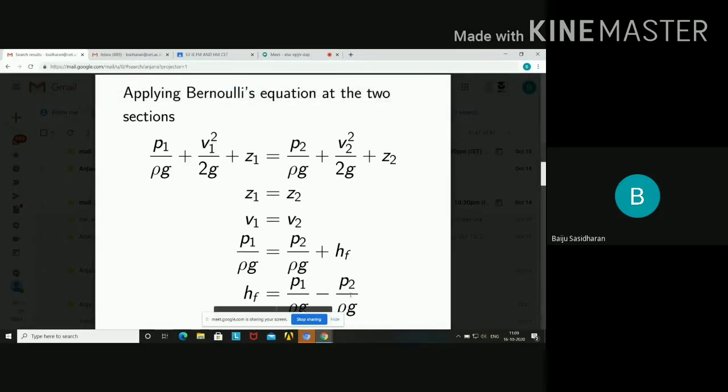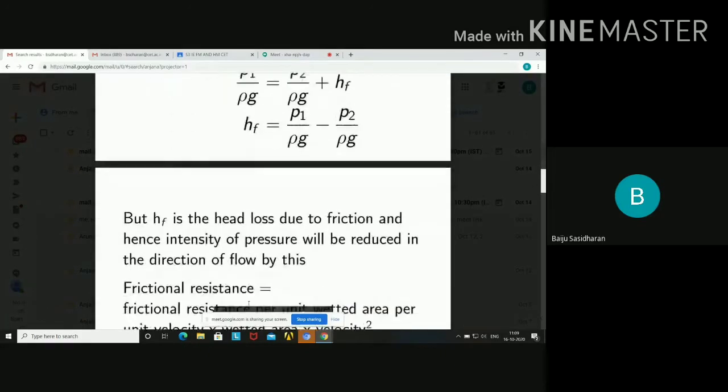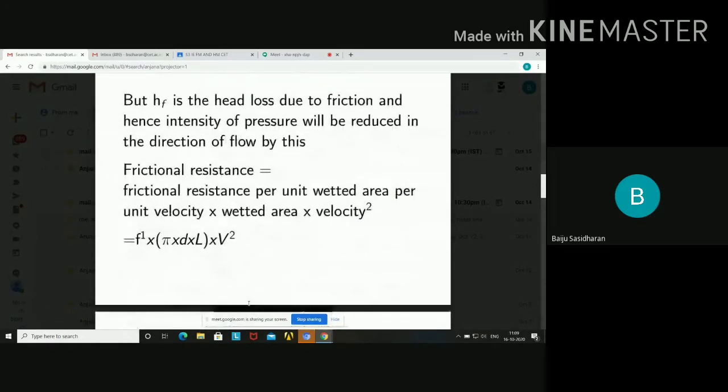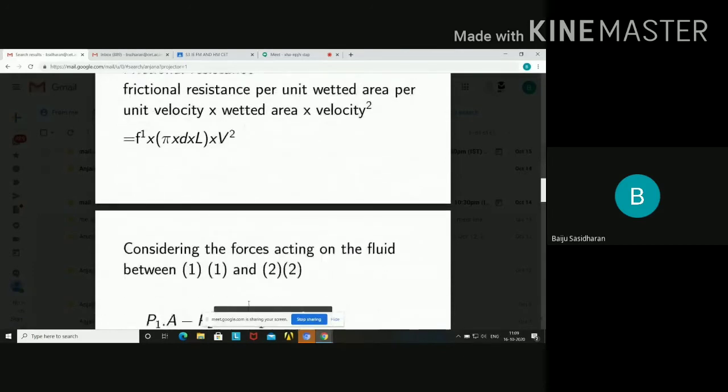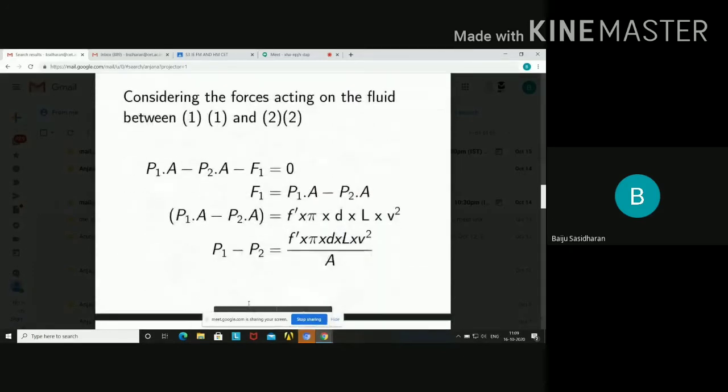And from this equation, you can see that P1 minus P2 is equal to rho g HF. So first of all, we applied Bernoulli's equation at the two sections, and there we found a relation P1 minus P2 is equal to rho g HF.